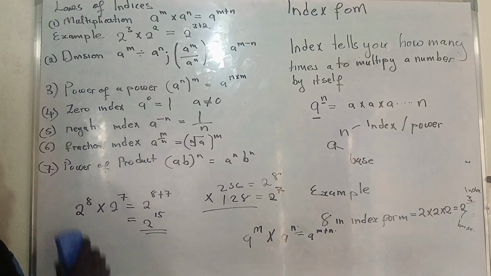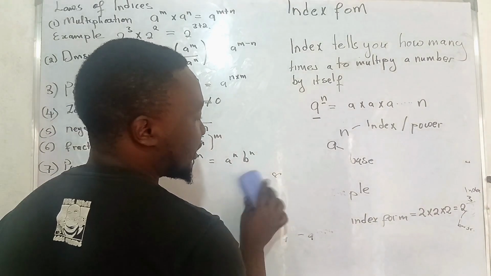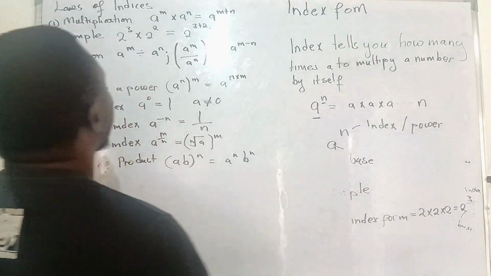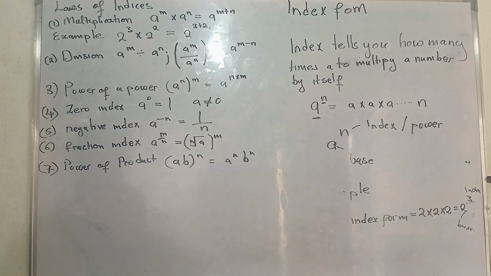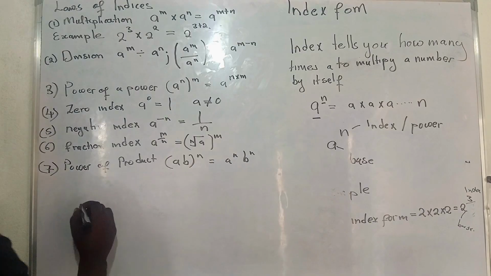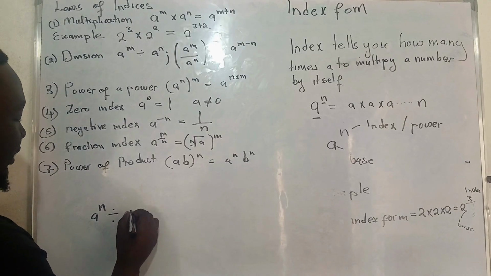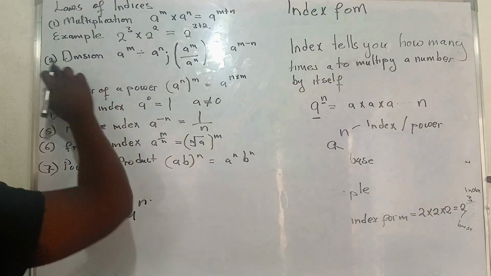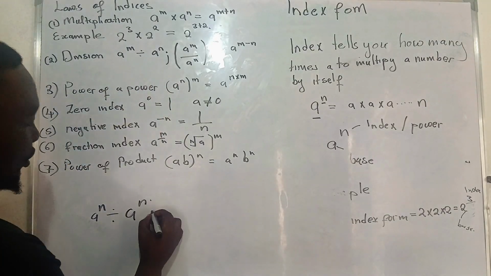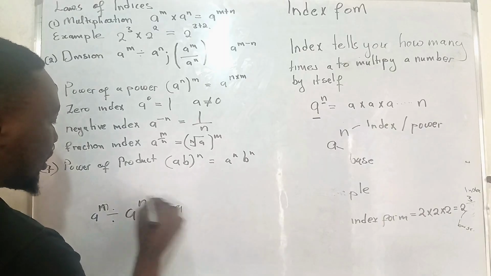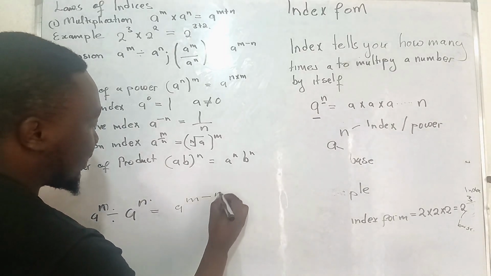So let's look at the second law of index. The second law of index states that if you have a to the power m divided by a to the power n, you are going to say a to the power m minus n.